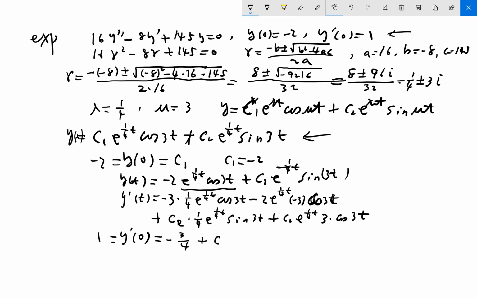We have one more, which is C2 times e to the 0 times 3 times cosine 0, which is 3C2.